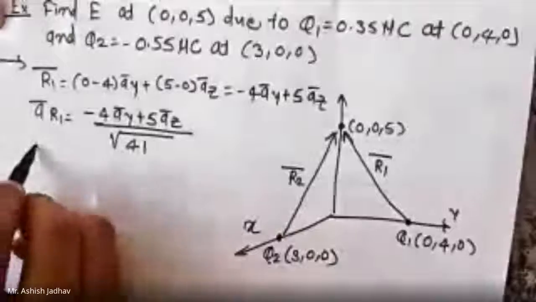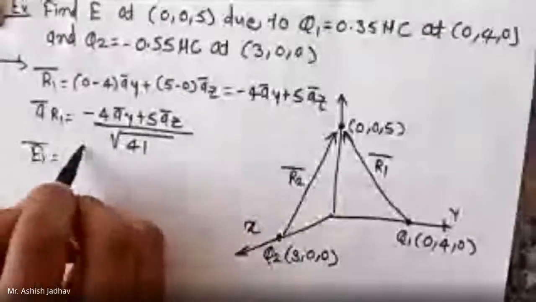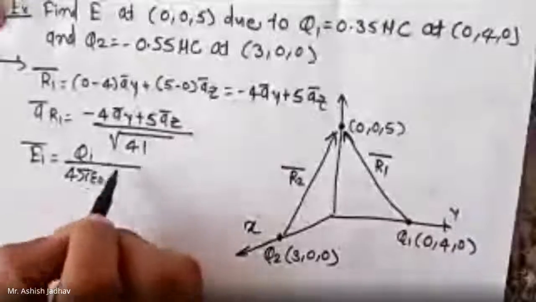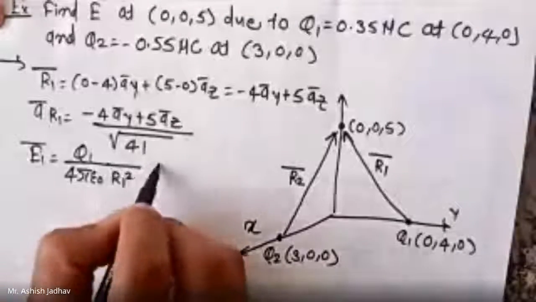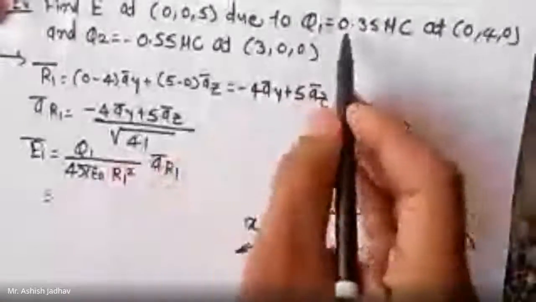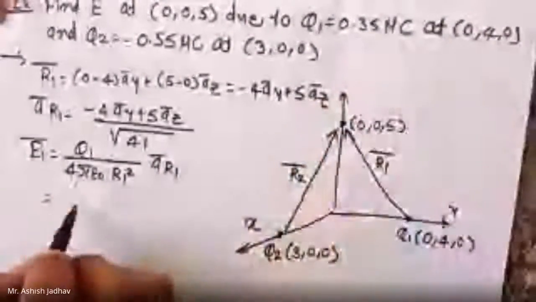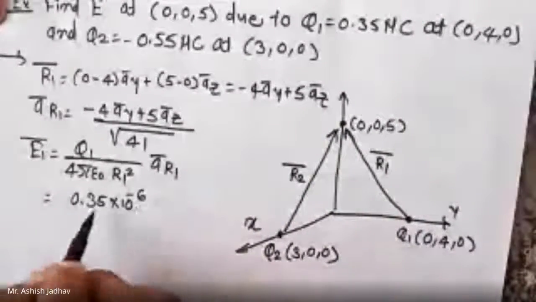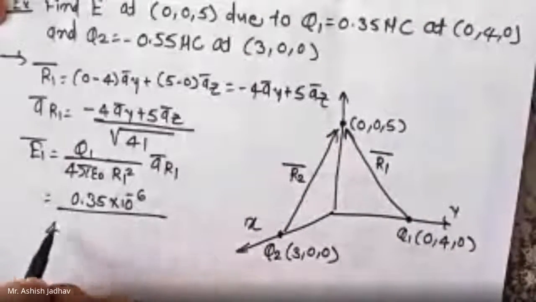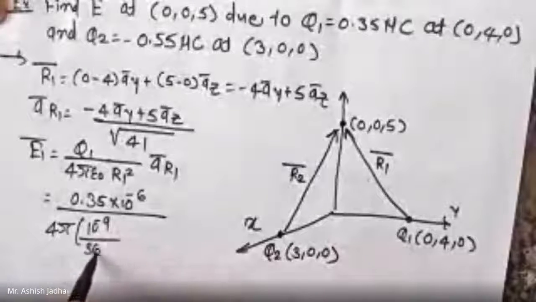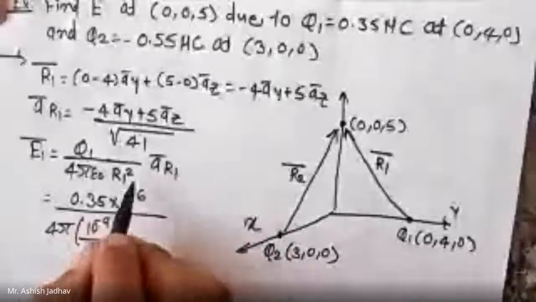Right? So E1 bar is equal to Q1 upon 4 pi epsilon naught R1 square a bar R1. So this is equal to, value of Q1 is given, this is 0.35 microcoulomb. So 0.35 into 10 raised to minus 6 upon 4 pi into 10 raised to minus 9 upon 36 pi into R1 square.